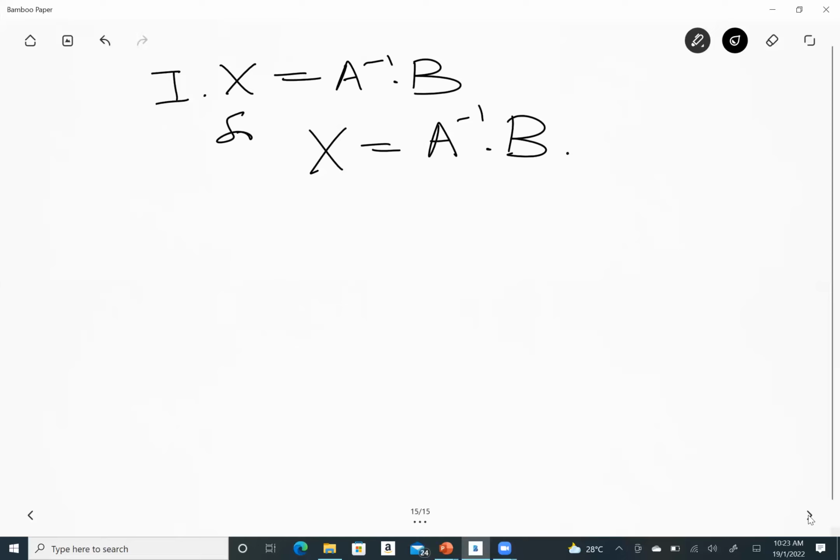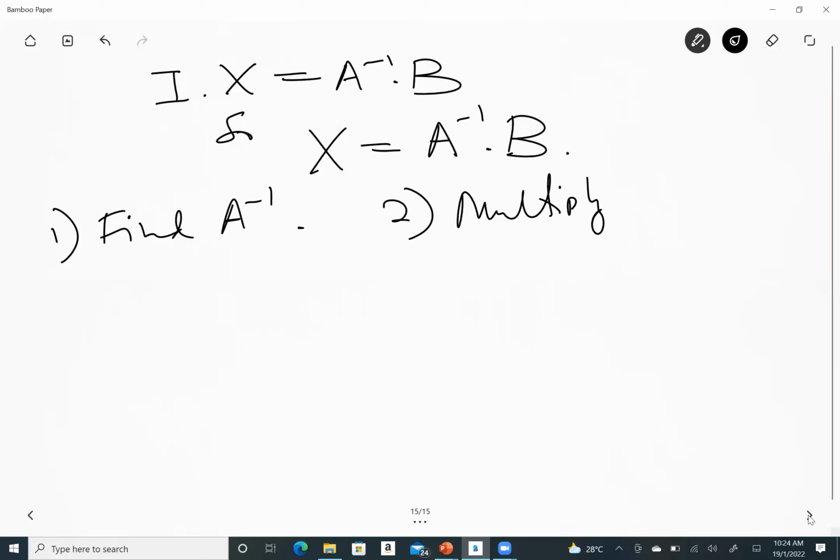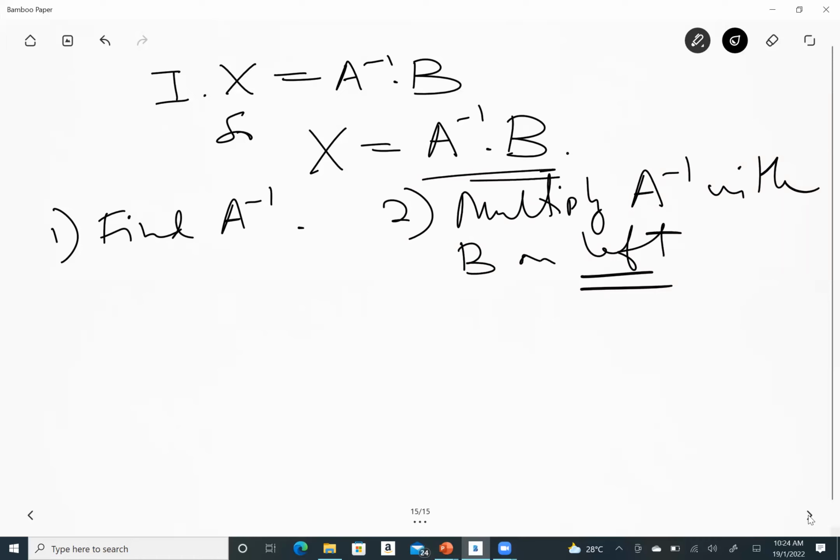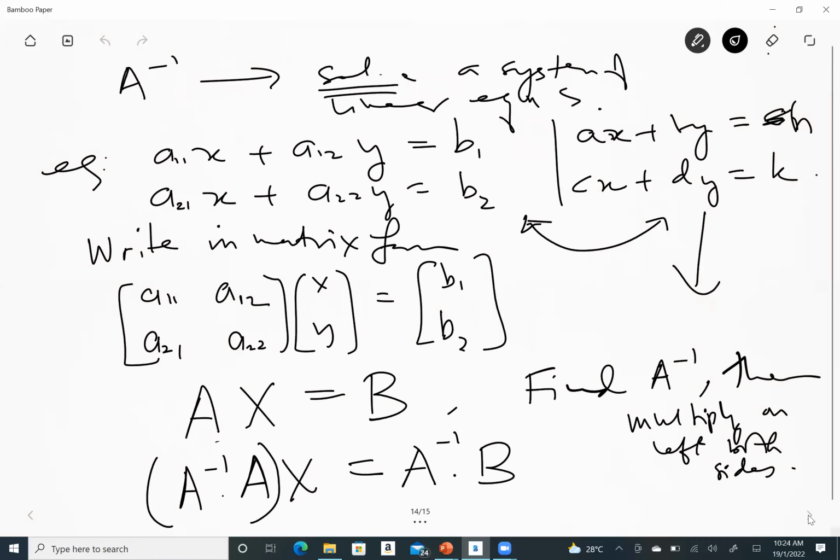So to solve for X, how do you do it? First, you find the inverse of A. Number 2, you just multiply A inverse with B on the left. Like that. So you don't have to do what I did here. This is just to show the method.